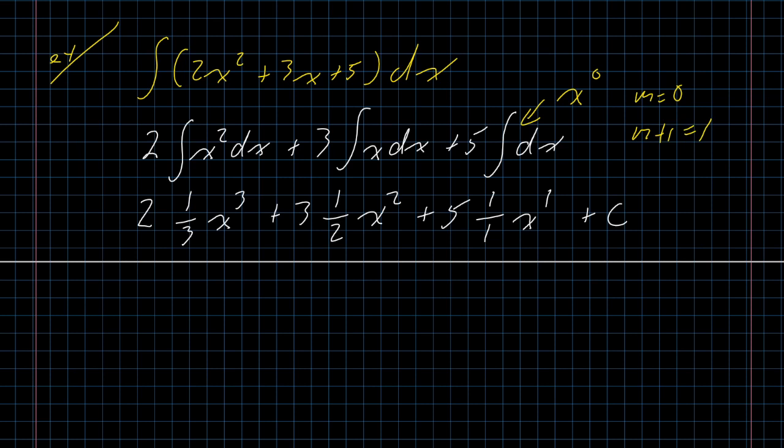I do need to take a little bit of time and clean up otherwise. 2 times 1/3 is 2/3. 3 times 1/2 is 3/2. 5 times 1/1 is just 5. X to the first is just x. And the result here is 2/3 x cubed plus 3/2 x squared plus 5x plus c. And there is our indefinite integral of 2x squared plus 3x plus 5.